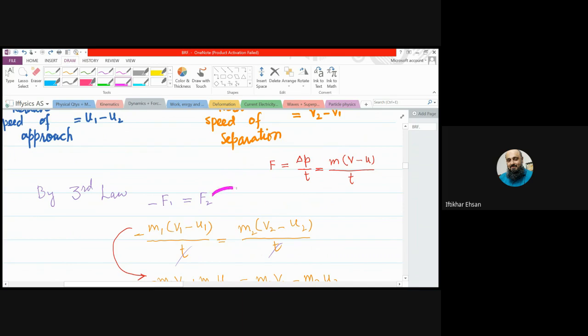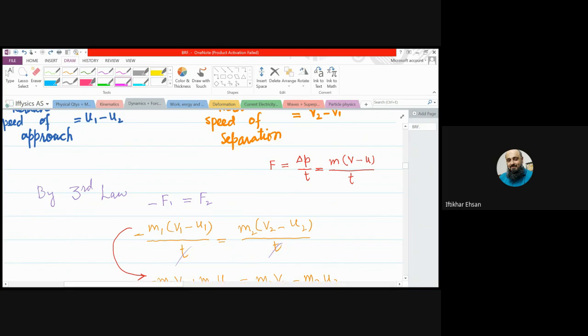And for the second object, we are using the same formula, but here it is 2 with each quantity, meaning m2, v2 and u2. Clear, beta ji? But we are not writing 1 or 2 with t, because t is the time of contact, which will be the same for both. And for that time, dividing will multiply here and both will be cancelled.